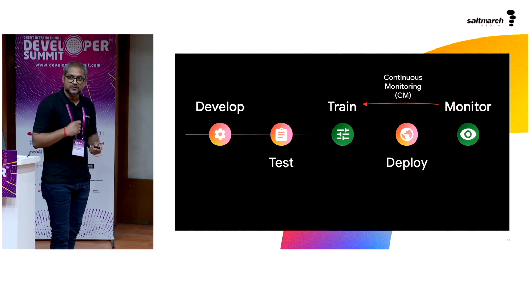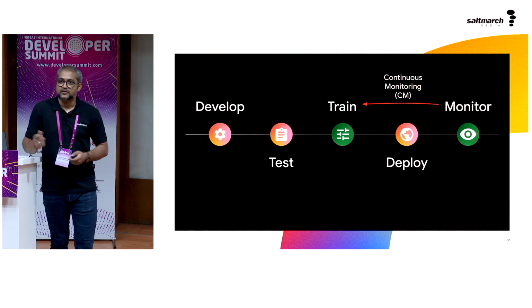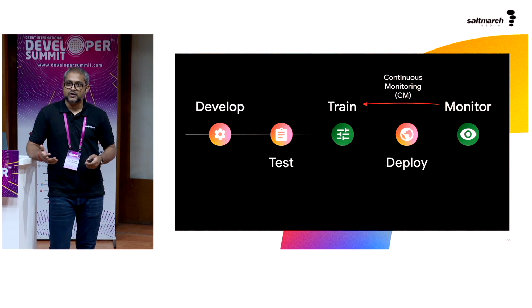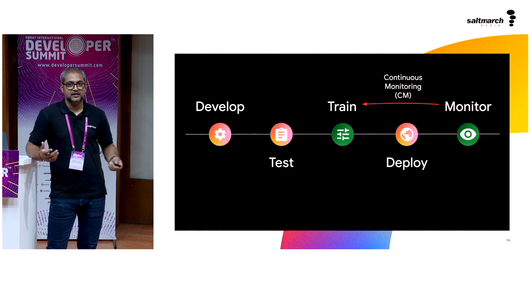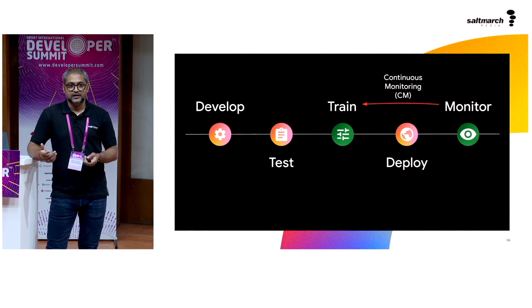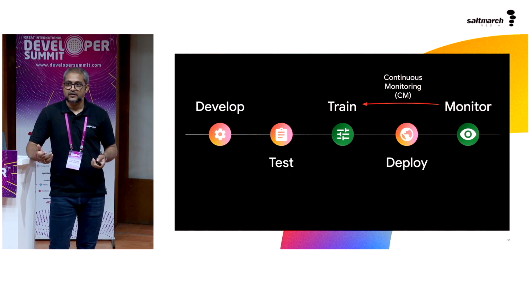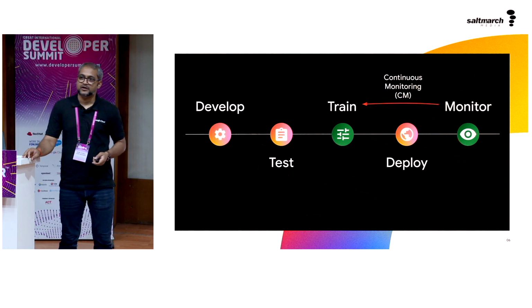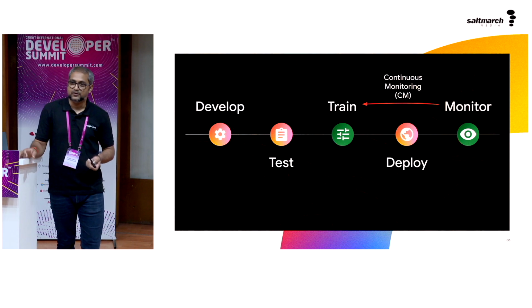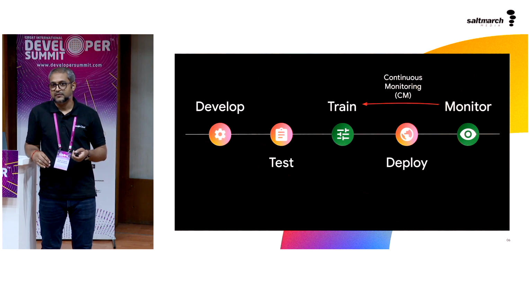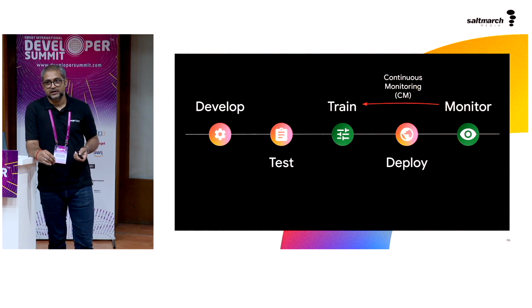And based on this continuous monitoring, you can trigger continuous training to further enhance and improve that model, either correct the training data set, maybe the training data set is not relevant right now for the recent trend of the production environment in which you are trying to deploy those models. So that corrective action, you get a flexibility to do that. Even when you are training that model continuously, you don't have to do that on a fixed basis.